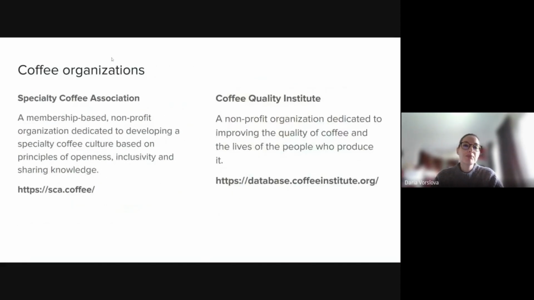So you probably know that we have different coffee organizations. These organizations did, and are doing, an amazing job to spread the word about specialty coffee, to develop standards, to teach people about the standards, about specialty coffee, being connoisseurs of the whole culture, because it's a coffee culture of producing, roasting, brewing, drinking coffee, which is super important.